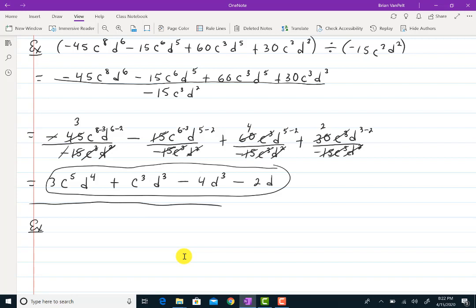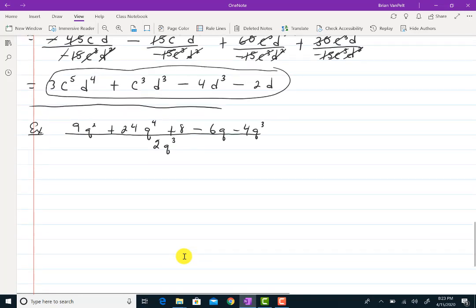For my next one, we have 9q squared plus 24q to the 4th plus 8 minus 6q minus 4q cubed, all over 2q cubed.